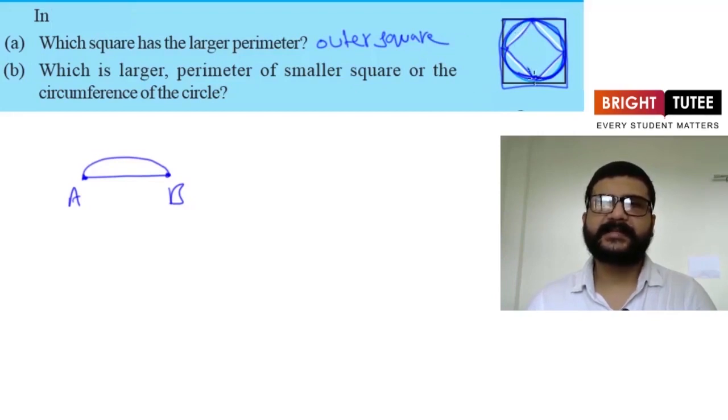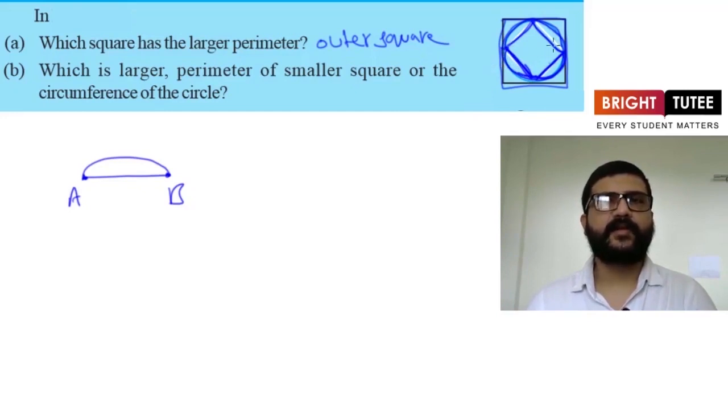And see the circle and see the square, it is like this. This is the straight line, and then again a straight line like this, and then like this. Now what do you think, which one will have the larger perimeter? As we can see, every part of the circumference is correspondingly greater than the straight line of the square, or we can say the side of the square.